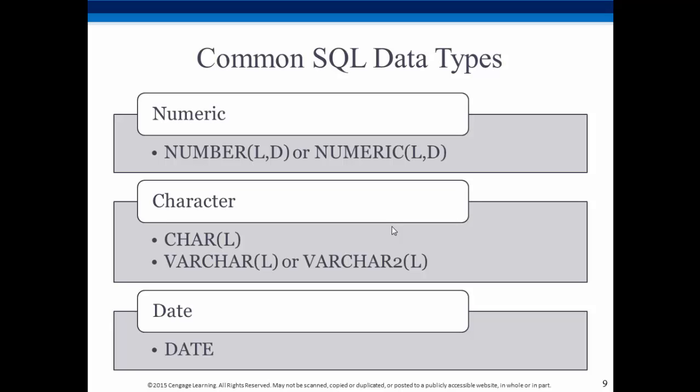So decimal 9,2, decimal 9, and decimal are all acceptable. Char is fixed length. Varchar is variable length characters, where you put your string data in. And then date, of course, stores dates in the Julian date format, and that's on page 244 in your book.